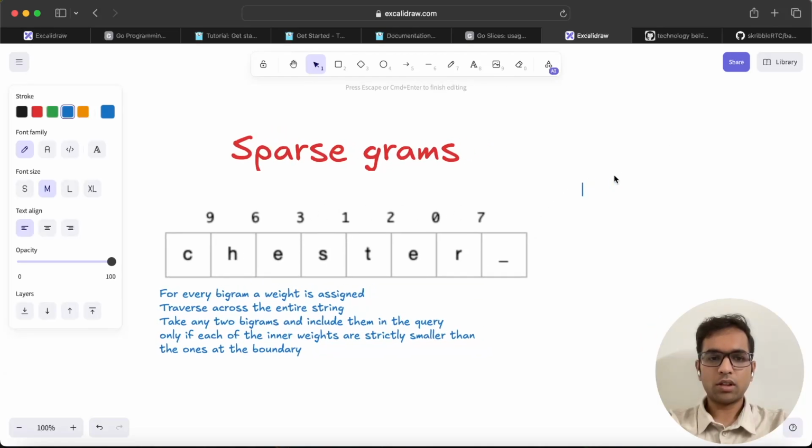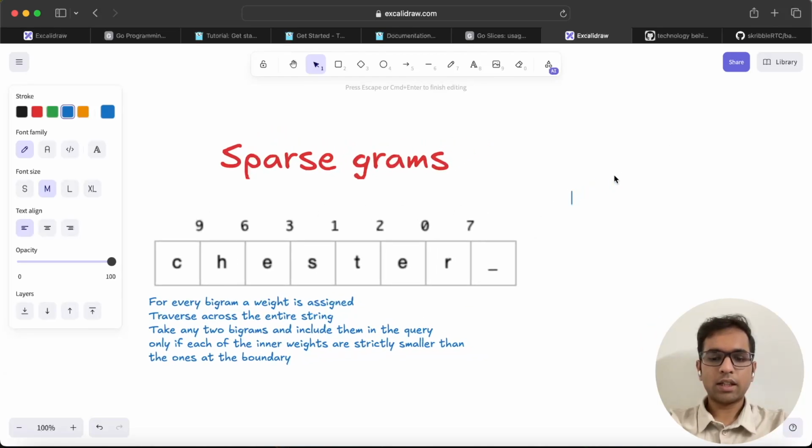So for example, in this scenario, if we take 9 and 7, all the inner weights inside 9 and 7 are smaller than 9 and 7. So we will take up 9 and 7, which means we have CHESTER and the end word, the end line, whatever. So 9 and 7 is okay, 9 and 0 is not okay, 9 and 2 is not okay, 9 and 1 is not okay, 9 and 3 is not okay, 9 and 6 will be okay because there's nothing in between.